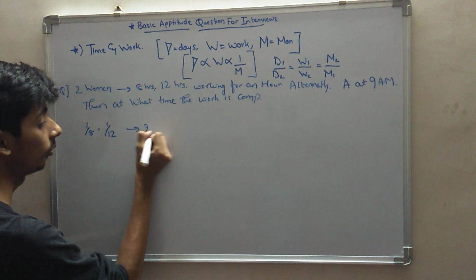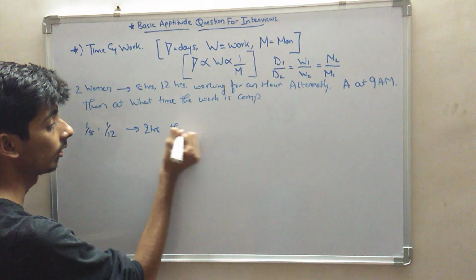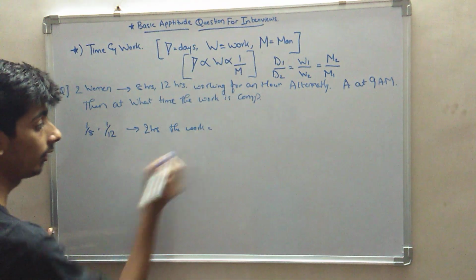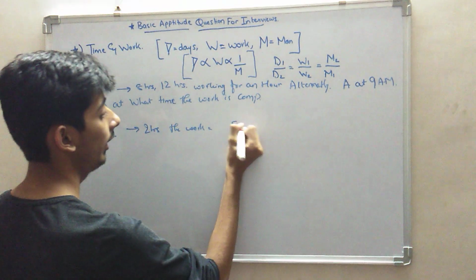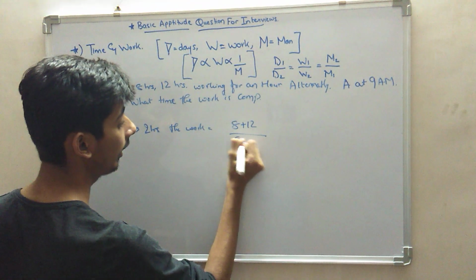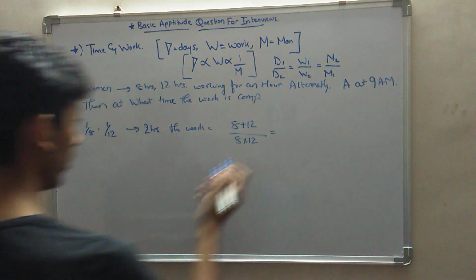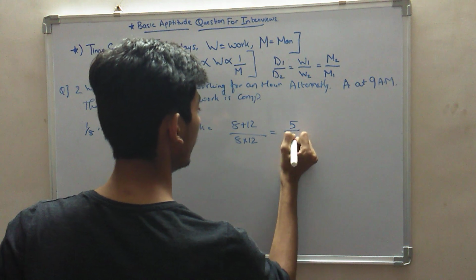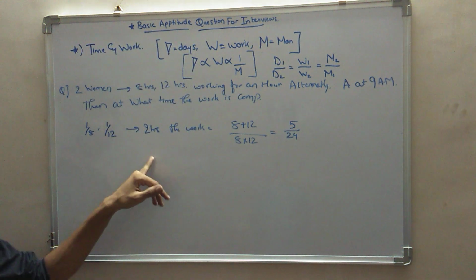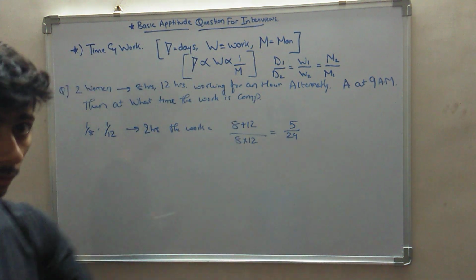So for the first 2 hours, the work is equal to 8 plus 12 by 8 into 12, which is equal to 5 by 24. For the first 2 hours, the work is 5 by 24.